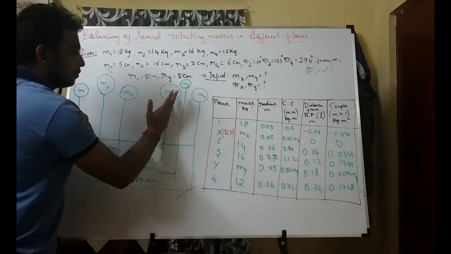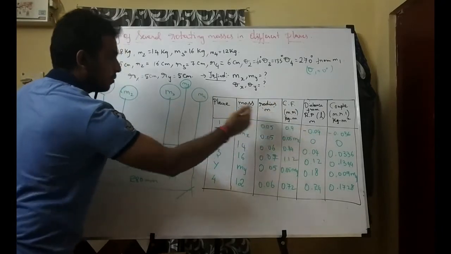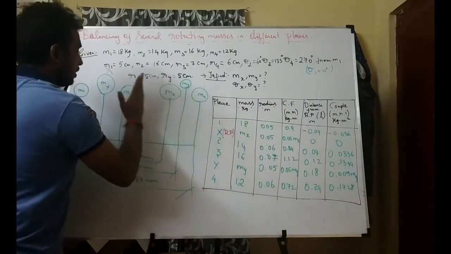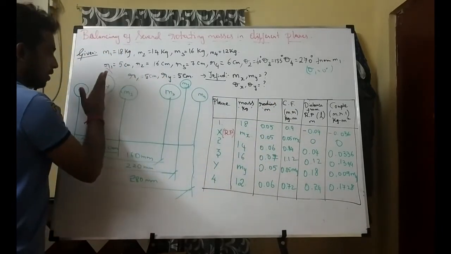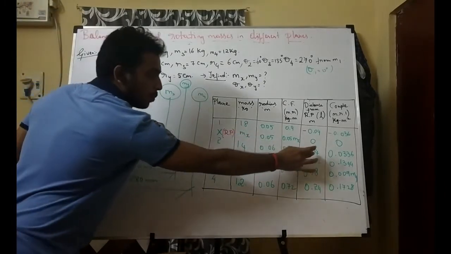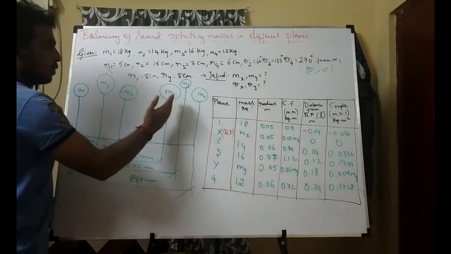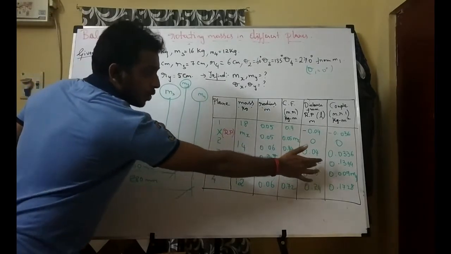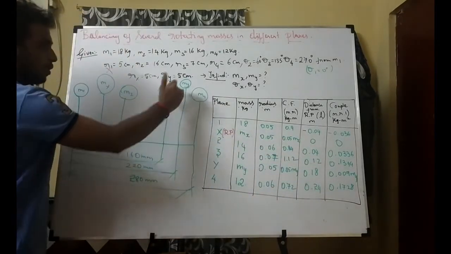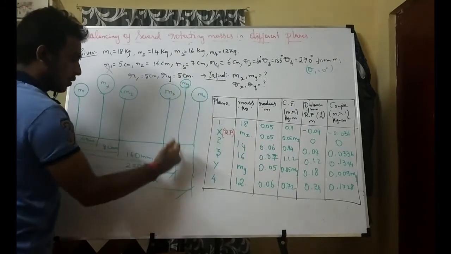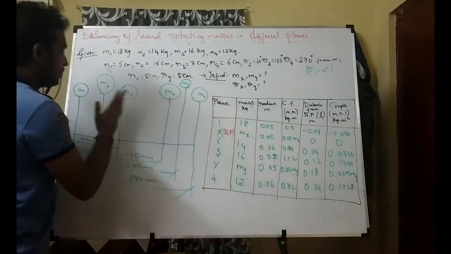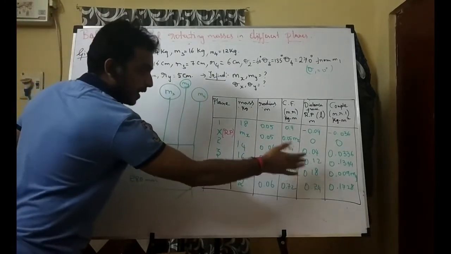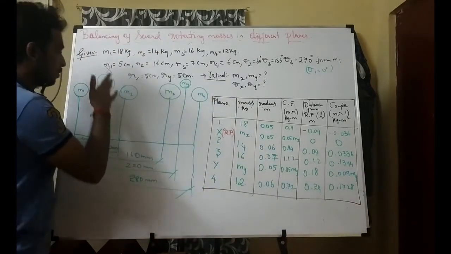Then m2 is located at 0.04, m3 is located at 0.12 meter, the balancing mass mo is located at 0.18 meter, and m4 is located at 0.24 meter from the mx plane.